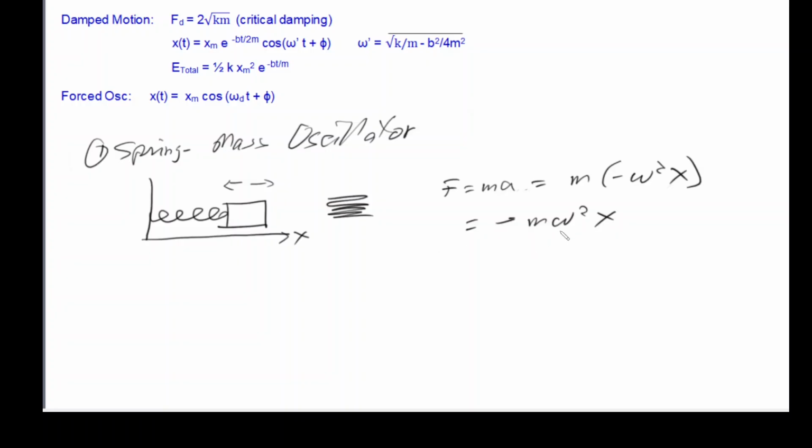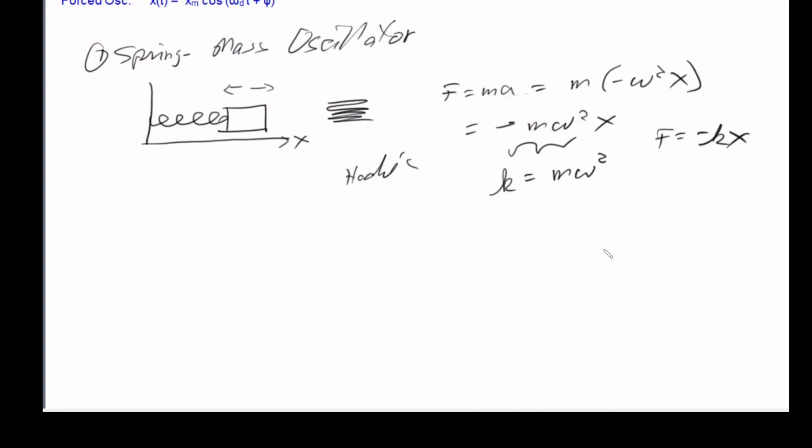And this looks very similar to Hooke's law for a spring. If you remember, that's force equals minus kx. So if we call this k, k would be equal to m omega squared.